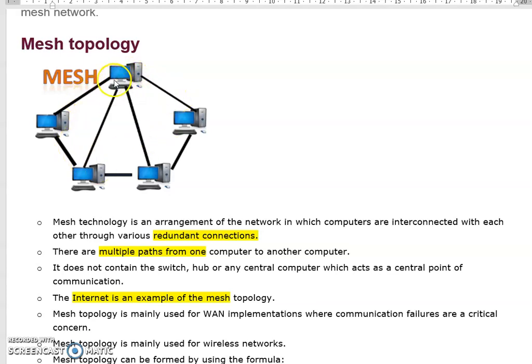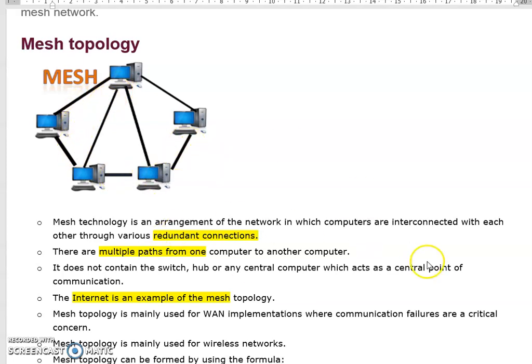Except this computer, there are 4 other computers, so it has 4 connections. This is the example for a fully connected mesh topology. Fully connected means each computer has established dedicated connections with the other computers on the network.